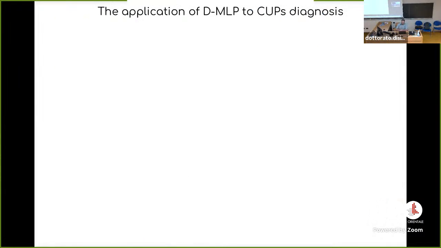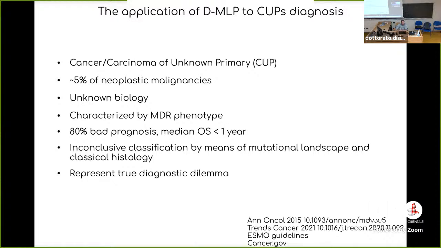And with that, we go to the last part, which is the test of the algorithm in the real world, specifically with cancer of unknown primaries or carcinoma of unknown primaries, depending on whether you're using the American or the European nomenclature, which represent on average 5% of neoplastic malignancies.